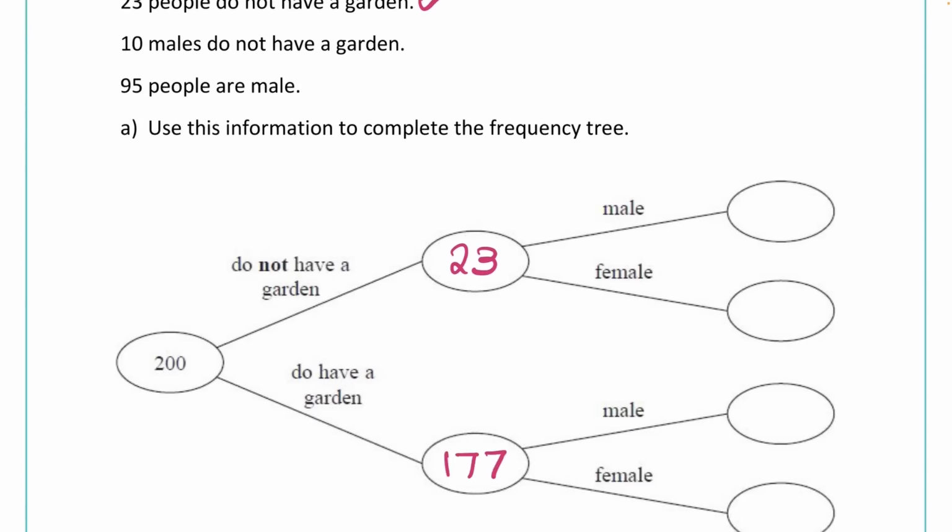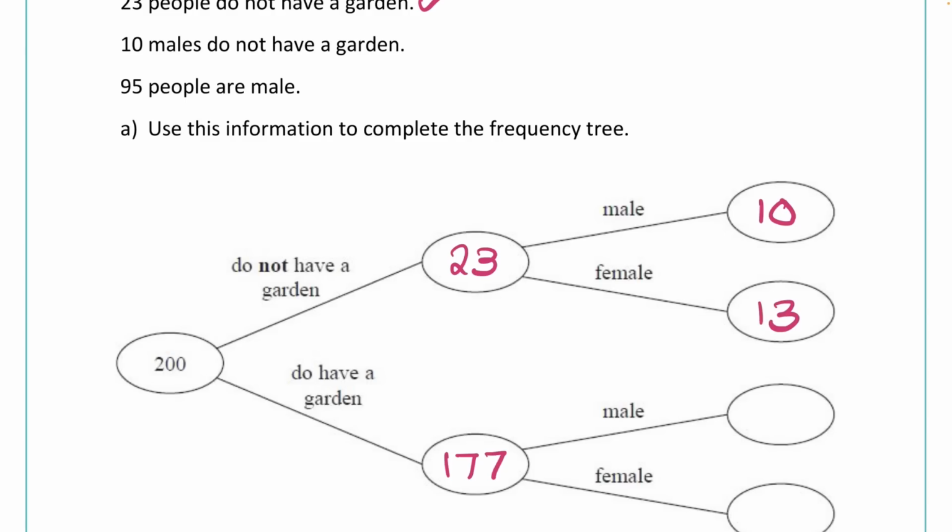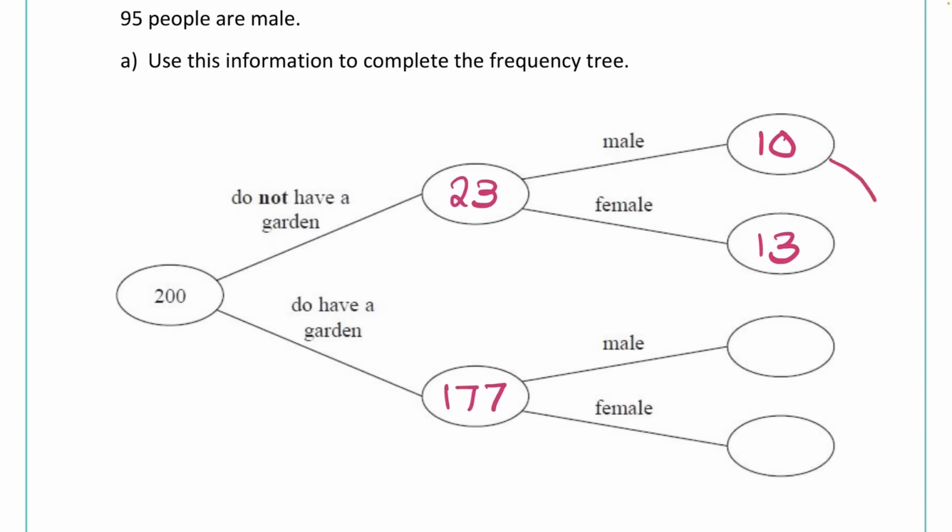It says 10 males do not have a garden. So at the do not have a garden section, we have 10 males that do not have a garden, and we therefore must have 13 females that also do not have a garden. So we can tick that off, and now it says 95 people are male. So if 95 people are male, well, we have 10 in the do not have a garden section.